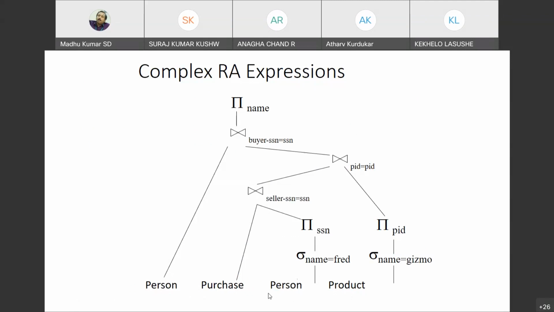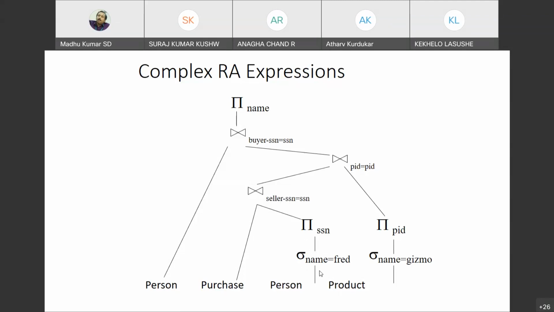Here you can see that first you are taking a join of purchase and person based on a condition that seller's SSN, social security number, should be equal to SSN from the product table.